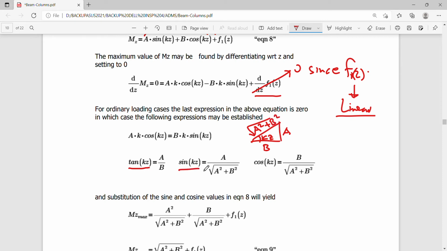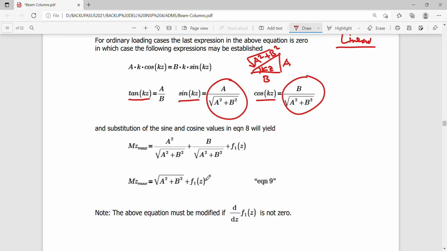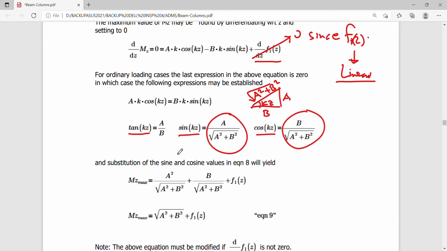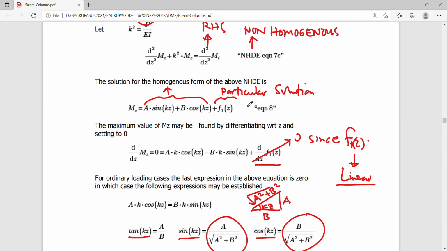So sine kz is this value here, and cosine kz is this value here. Substitution of such values for sine and cosine will yield this equation coming from the original form of the solution of Mz from the non-homogeneous working equation.